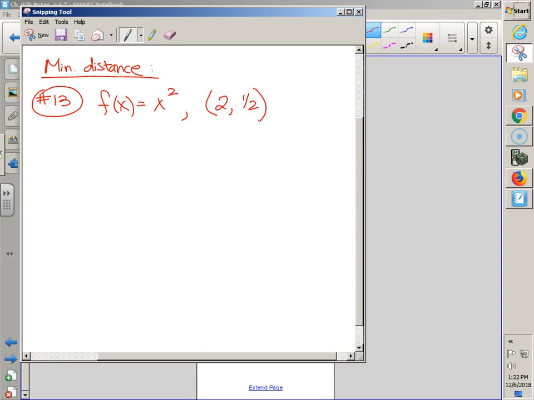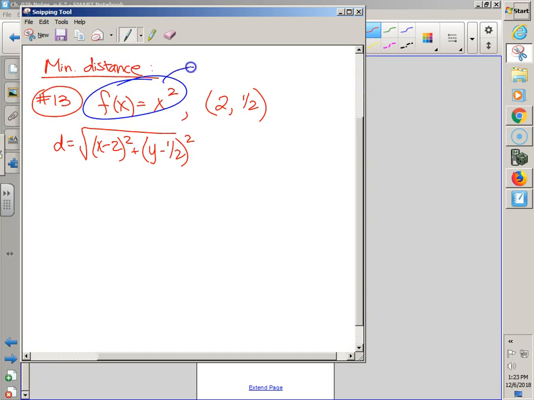Does it make sense now from what I just did that I'm going to go ahead and do d is equal to the square root of (x minus 2) squared plus (y minus 1/2) squared? And then I'm going to change my pen to blue to say, hey, who are you? He's my clue. And my clue, I'm going to go ahead and plug him in.